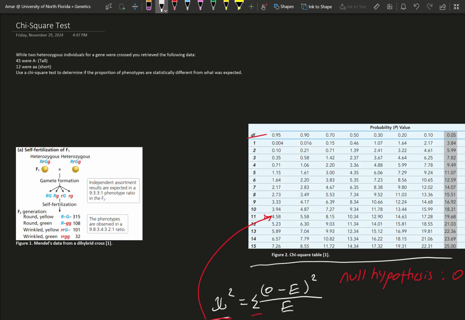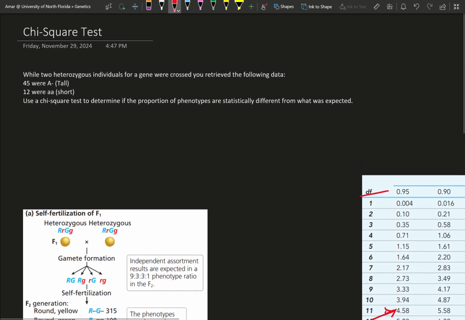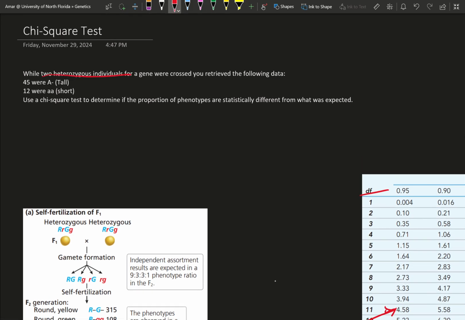In the first question, we have a situation where we have two heterozygous individuals, big A and little a, and we're crossing them together to get the following data set. Now we need to determine if there's a statistical difference in phenotype proportions from what was expected.